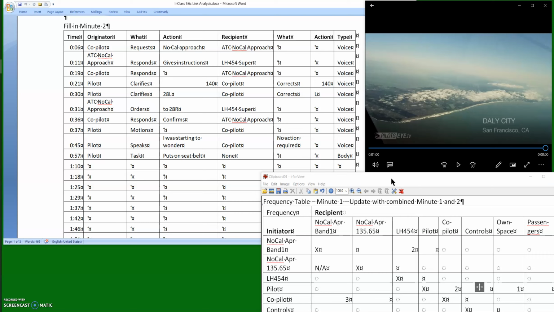So let's go through the video, and we'll pause it so you can see how the table on the left corresponds with what happens in the video.